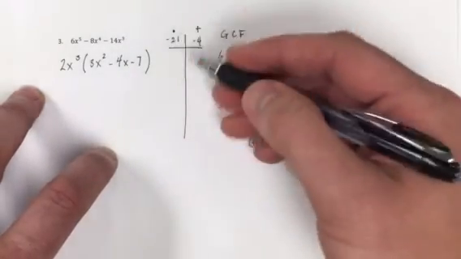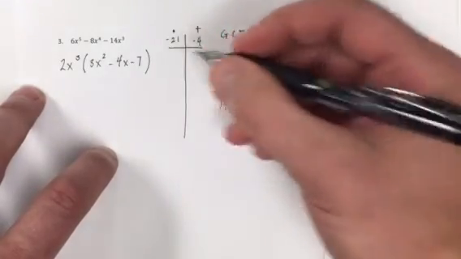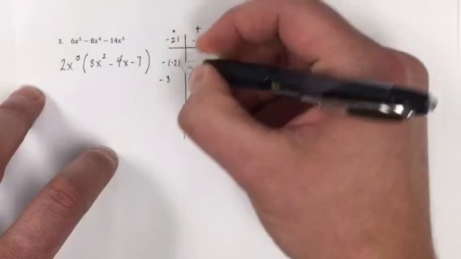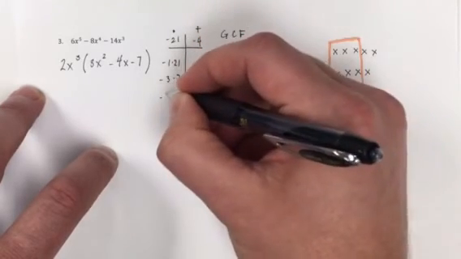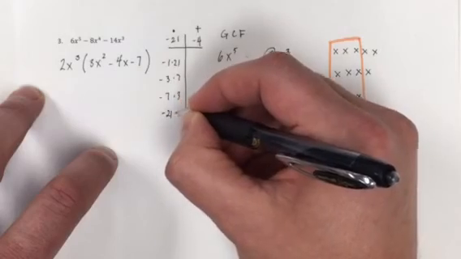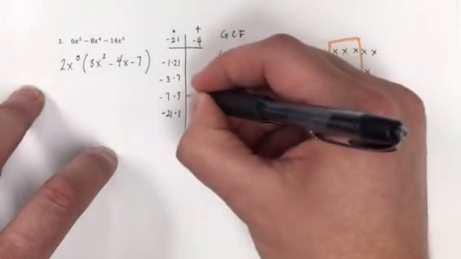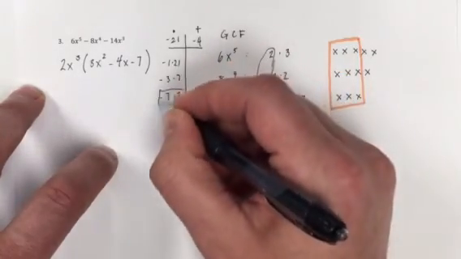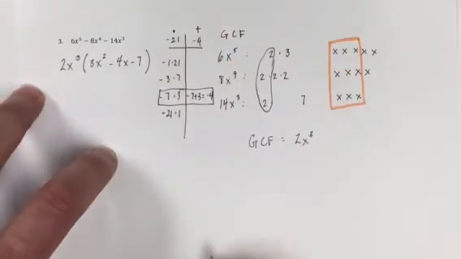Well, what things multiply to 21? 1 and 21. Negative 3 and 7. Negative 7 and 3. And negative 21 and 1. Well, negative 7 plus 3 is negative 4, so this is the pair of numbers that I'm working with.